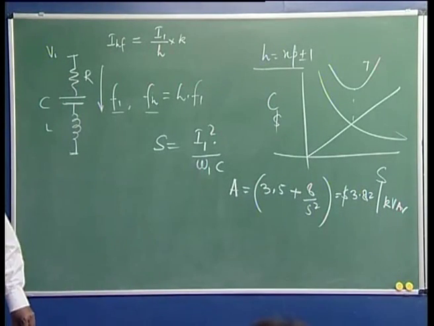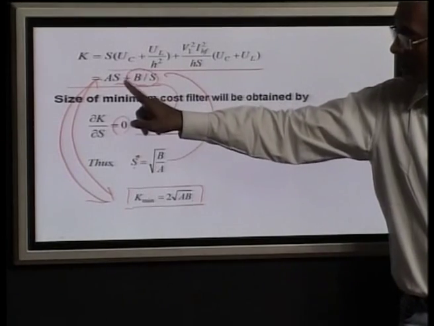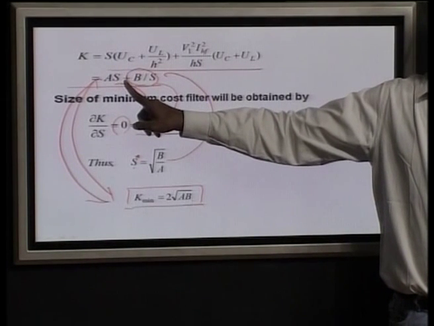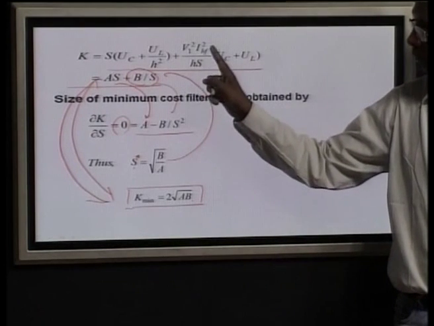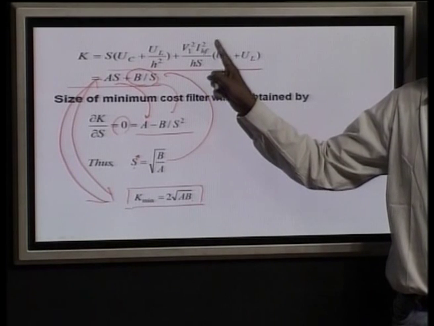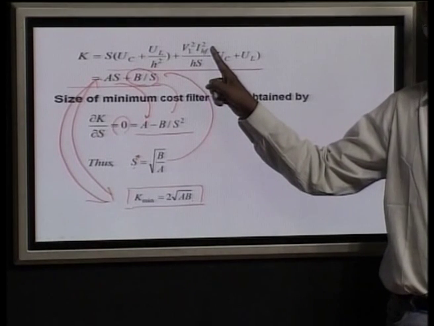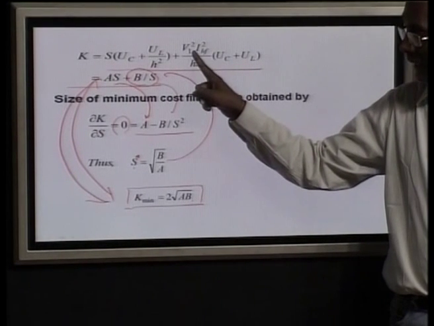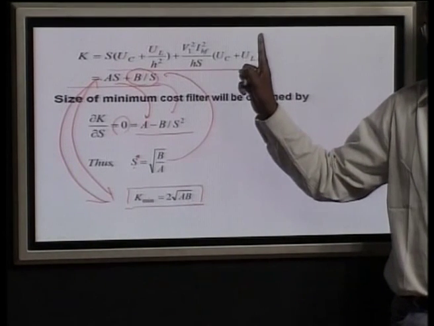So, here A we are using per kVAR. Now, the size you are going to use should also be in kVAR, not in MVAR. If you are using K here, this will be in A. If you are using K and K, then it becomes MVAR, mind it.